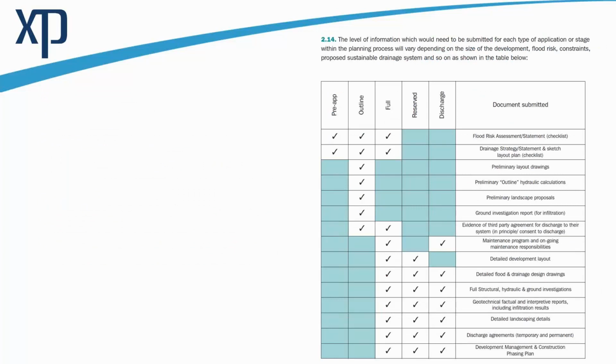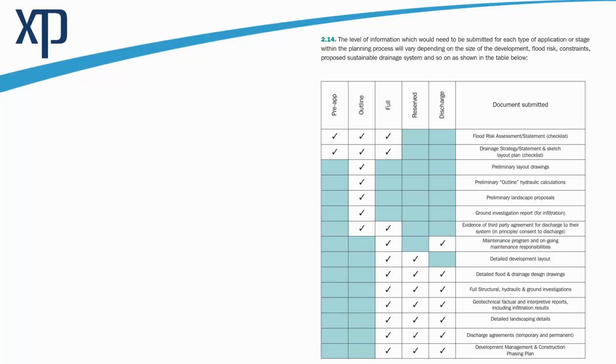Again, within the document, there's a nice guidance here showing you the level of information. On the right-hand side, the documents that need to be submitted at various stages of the planning process, from pre-app all the way through to reserved matters, etc. You can see the extent of information that needs to be required.